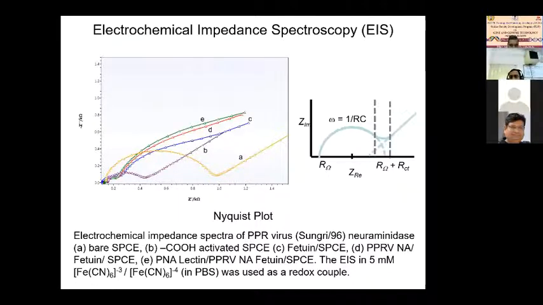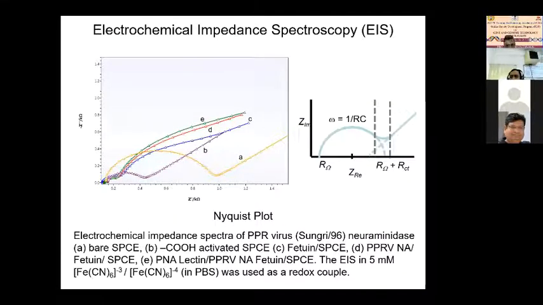It's a semicircle, and then it is the mass control diffusion region, so that kind of diffusion, then you get a straight line. Here it is the sample resistance, plus the charge transfer resistance, RCT.